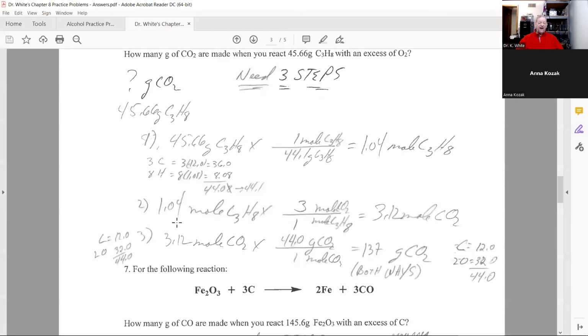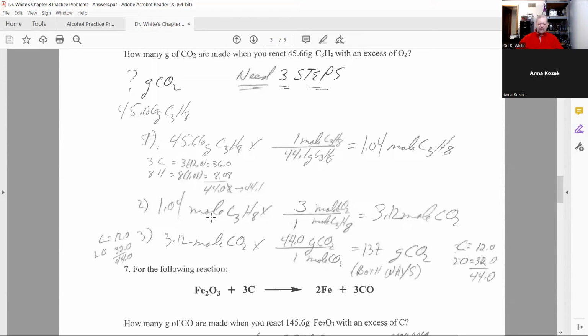So in step 2 here, we're going to take the moles of C3H8 and convert to the moles of our answer, CO2. Here, again, having a ratio, use your good buddy, your good friend, unit analysis. Whatever you're trying to get to goes on top of the ratio.